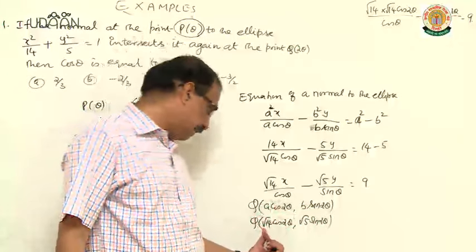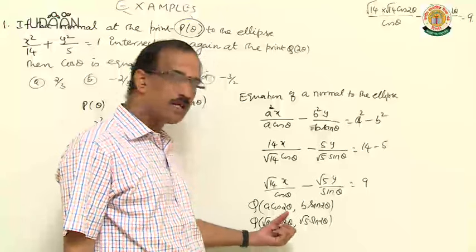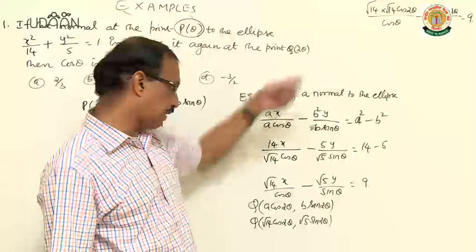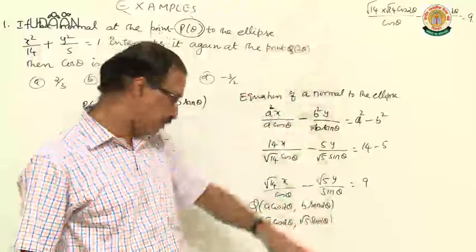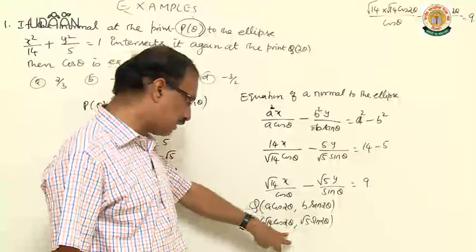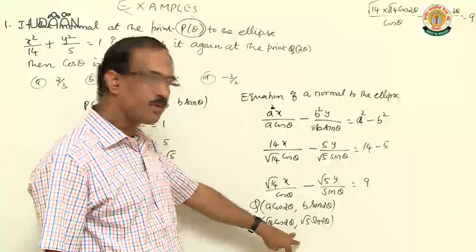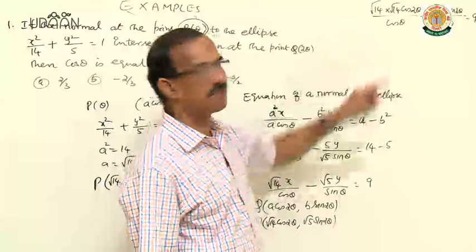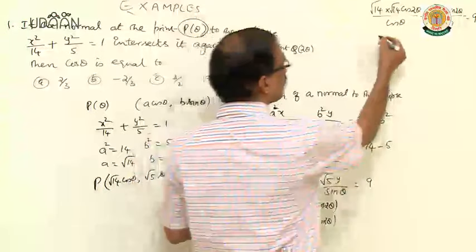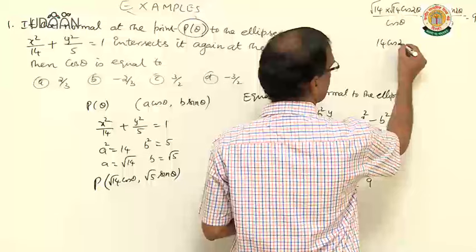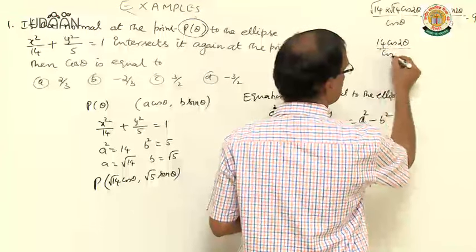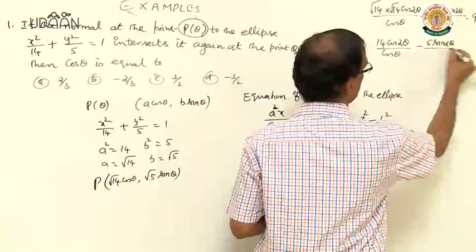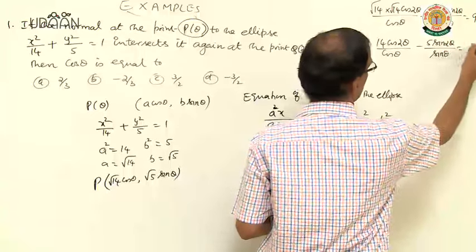Because this point Q, root 14 cos 2 theta, root 5 sin 2 theta, satisfies this equation, as the line intersects the curve at this point also. So we replace those values. That means 14 cos 2 theta by cos theta minus 5 sin 2 theta by sin theta equals 9.